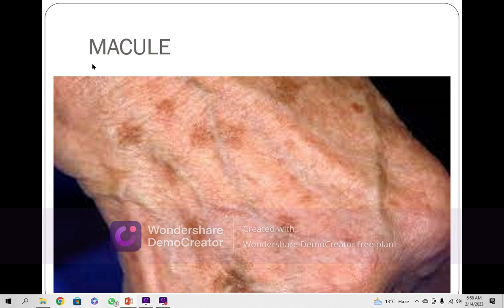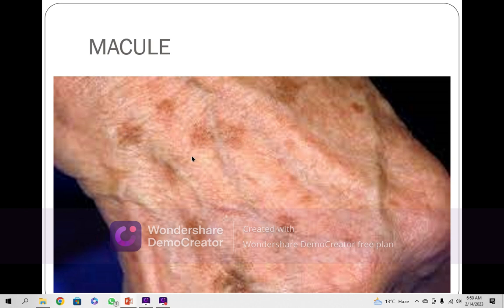Some of the terminologies should be repeated. The macule: these are rashes we cannot palpate. It is not coming out of the dermis. It is absolutely flat, equal to the level of the skin. It may be of any color, reddish, purple, or whatever it is.